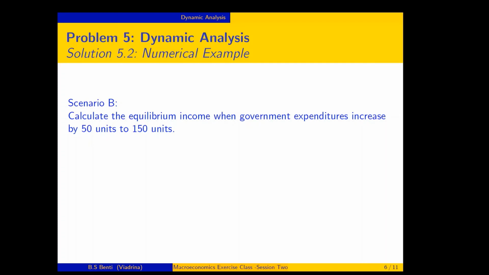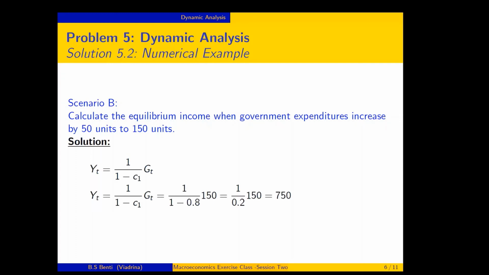The second scenario, or scenario B in this case, is to calculate equilibrium income if government expenditure increases by 50 units. So if government expenditure increases by 50 units, this is again to say we would have 150 units instead of 100.